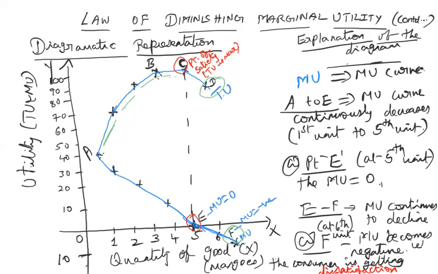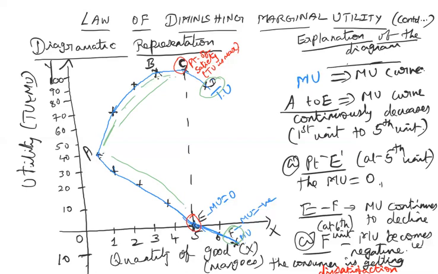The marginal utility is just measuring the rate of change in total utility, so the marginal utility keeps on decreasing. At one point of time, the total utility reaches the maximum and the marginal utility becomes zero. After that, further consumption gives dissatisfaction to the consumer. The total satisfaction itself declines. So this is the kind of relationship we find between the total utility and the marginal utility. Okay, hope it is clear.